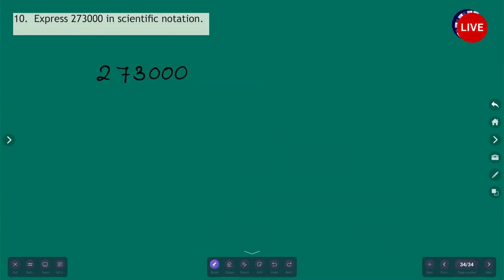When you are writing a number using scientific notation, there should be a number which is equal to 1 or in between 1 and 10.